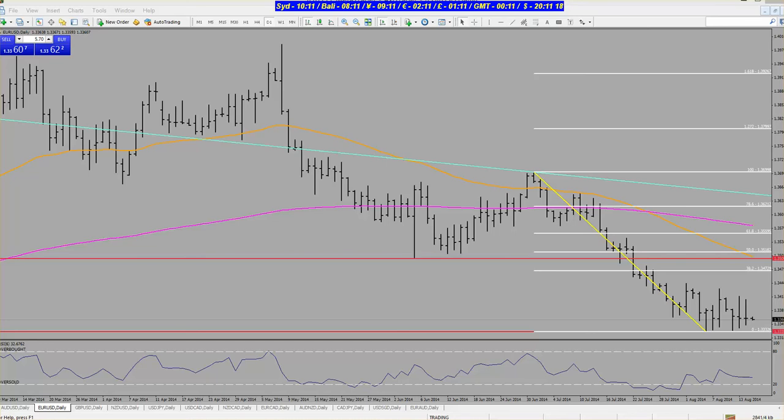What they do with these ECN accounts, or what Axi call a pro account, is they then charge you commission after the trade. So at $7 per trade, it's effectively $7 per 100,000 face value, which is effectively 0.7 of a pip.